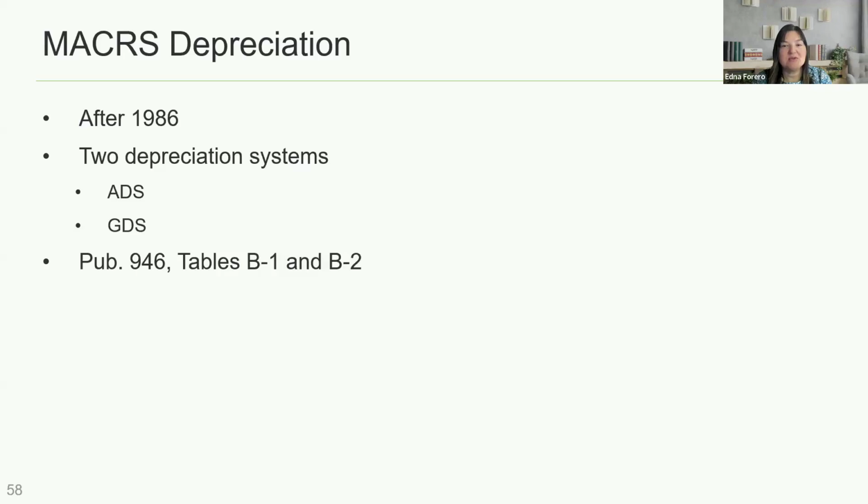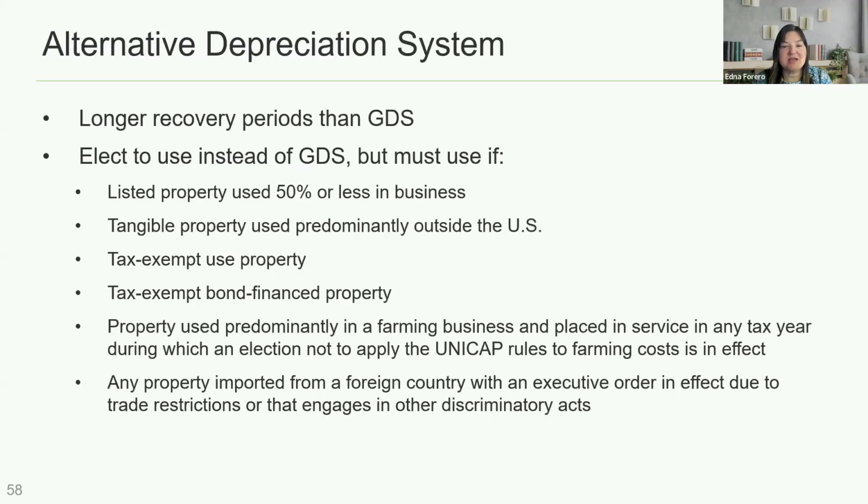So looking more in depth at the alternative depreciation system, it does have longer recovery periods than the GDS. But if you elect to use the ADS, you want to look at these different items. That the listed property that's used is 50% or less in the business. If the tangible property is used predominantly outside of the US, is it tax-exempt use property?